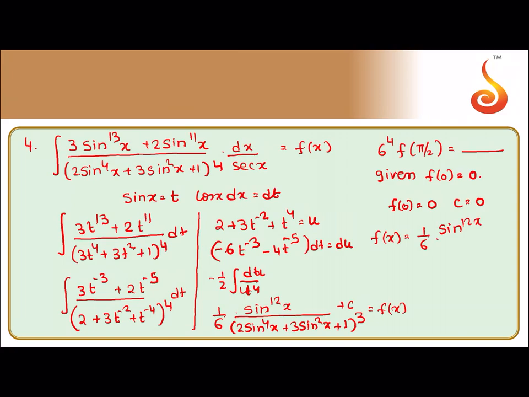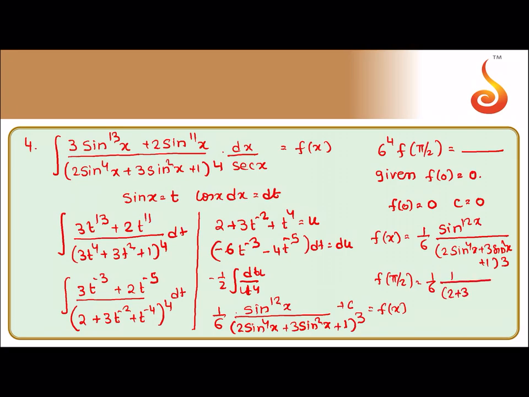Now, what is f of x we got? F of x we got it as 1 by 6 sine to the power 12x by 2 sine to the power 4x plus 3 sine square x plus 1, whole cube. Now we put f of pi by 2.